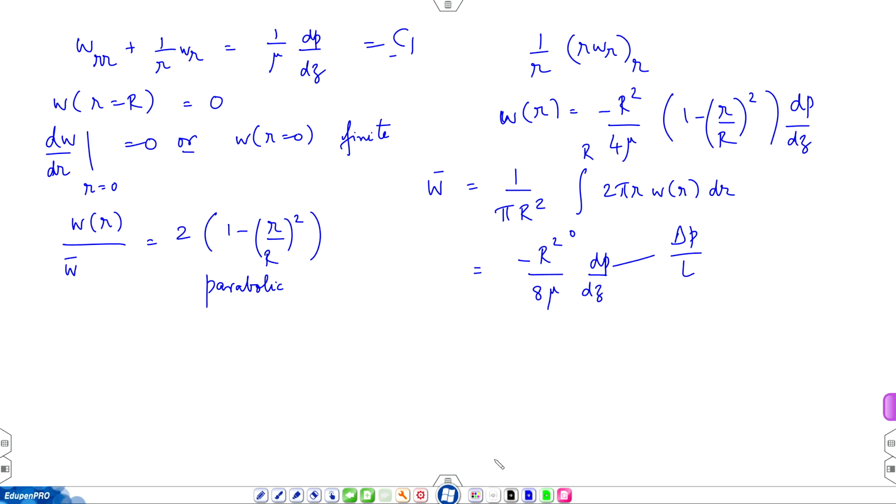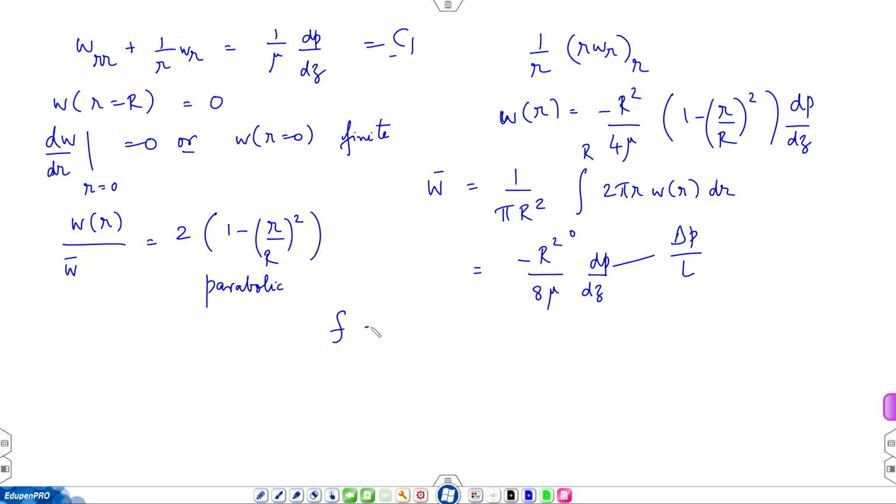Now, you remember our past discussion related to Moody's diagram, where this flow pressure drop relationship was expressed in terms of friction factor and Reynolds number. So, suppose we recast this analytical result.